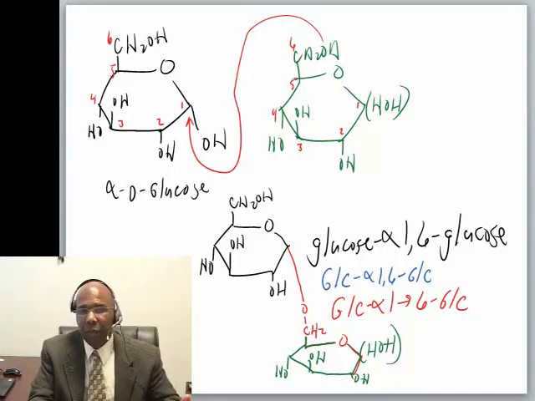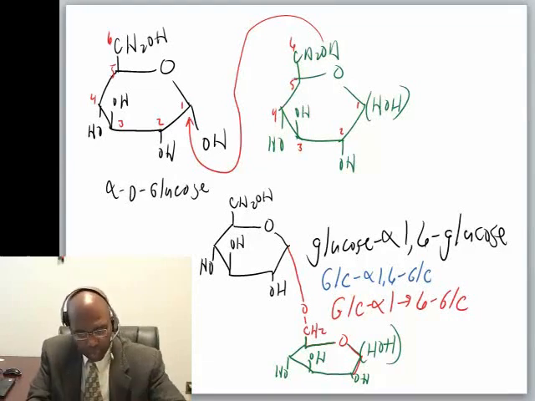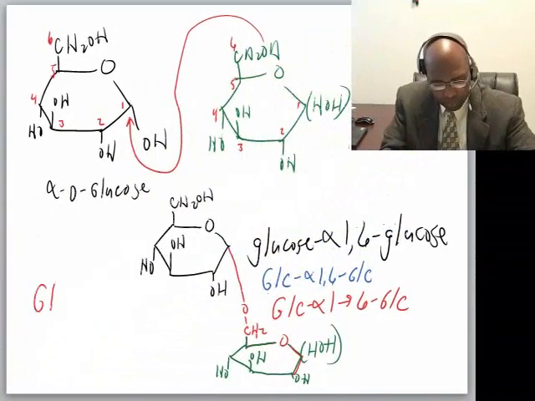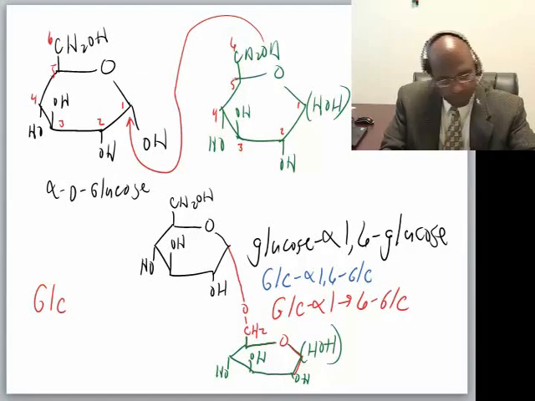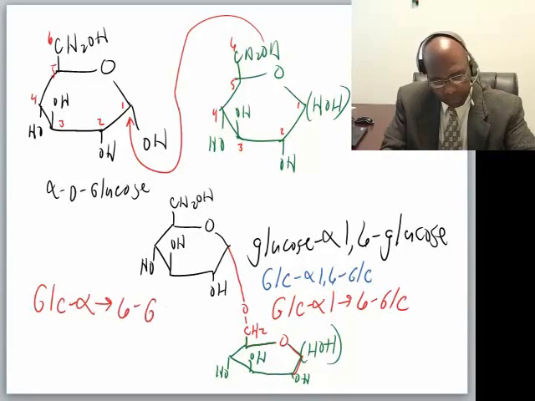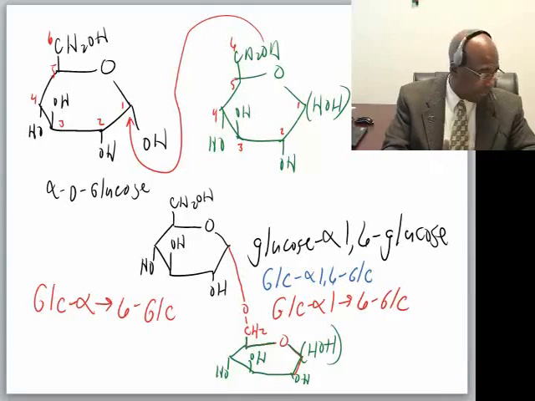Well, the anomeric carbon doesn't have to be 1, but for all of the disaccharides that we're drawing, if there's no number, it's understood that it's 1. And so we can also write it this way: glucose alpha 6 glucose. Okay, and that's this disaccharide.